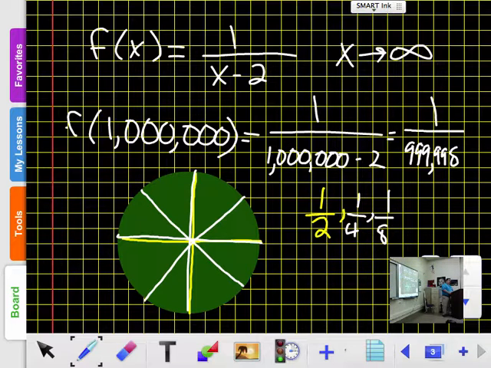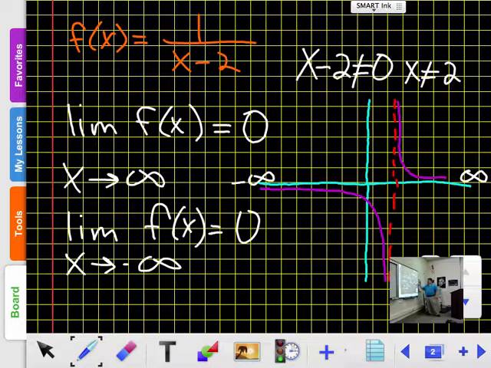So does it make sense why as x approaches infinity, in this case it approaches 0? Because the more slices I take, or in other words, as my denominator increases and the top doesn't change, it's got a constant number, which is 1, the bigger the bottom gets, the more we divide the slices, and the slices become smaller and smaller, which is why we approach 0.